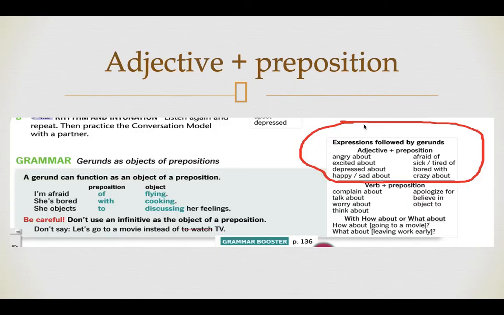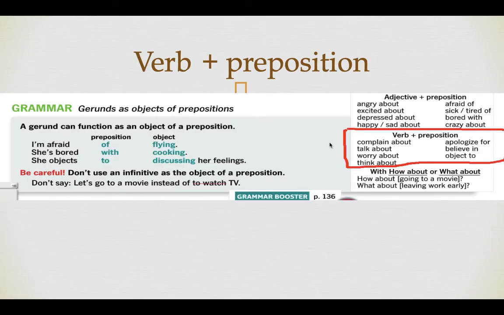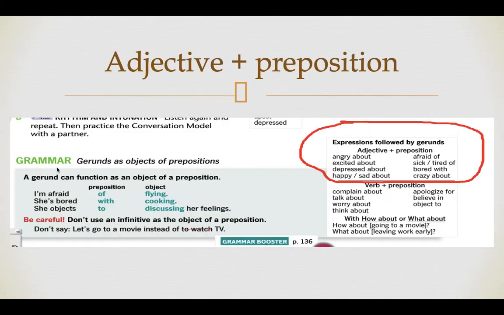Okay, so these are adjectives followed by gerunds: angry about, excited about, depressed about, happy about, sad about, afraid of, sick of, tired of. You could also say sick and tired of, bored with, crazy about. In the examples here, I am afraid of flying. So afraid of is an adjective.